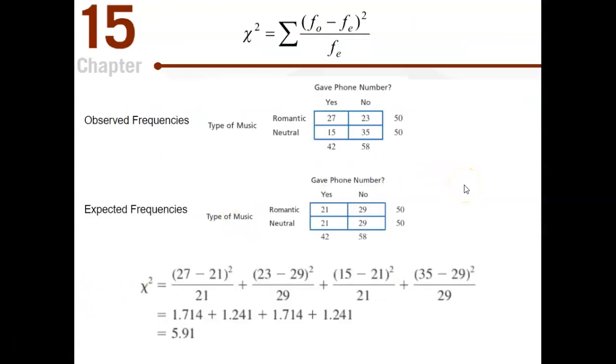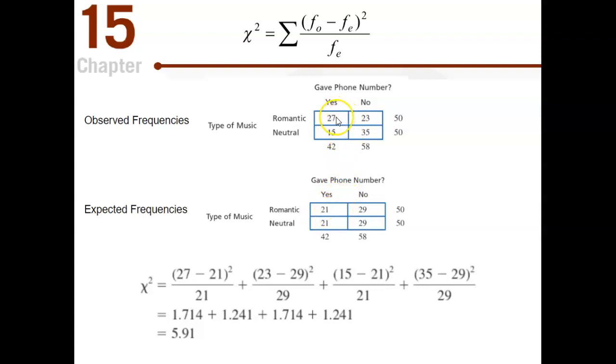From our previous example, the whole calculation would be like this. Our observed frequencies, again, are what was observed from the actual data. And our expected frequencies are based off the null hypothesis and that formula. We're subtracting the values in any given box from the corresponding box in the expected frequencies.